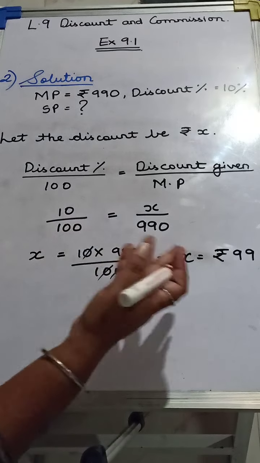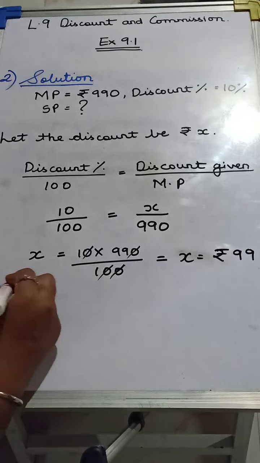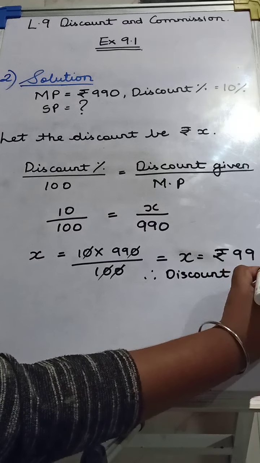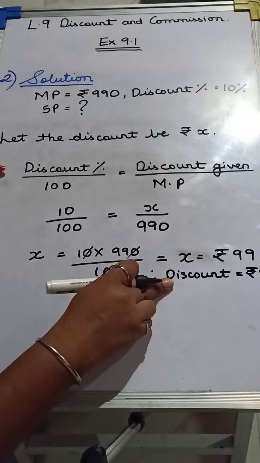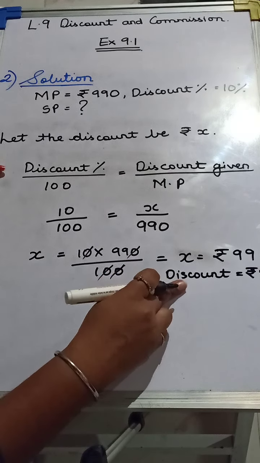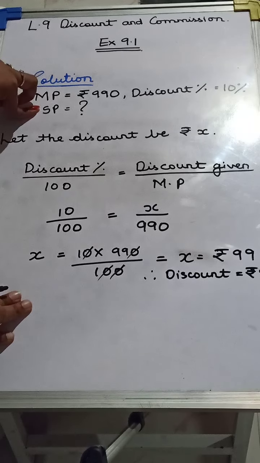Now, what is X? It is the discount. So you can just mention here, therefore, discount is equal to rupees 99. Now, this is the first part that we have solved because we wanted to find discount. Now, once we found discount, what we are supposed to actually find, because the actual sum is we need to find the SP, that is the selling price.